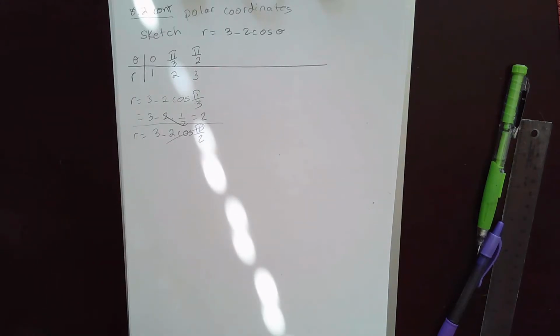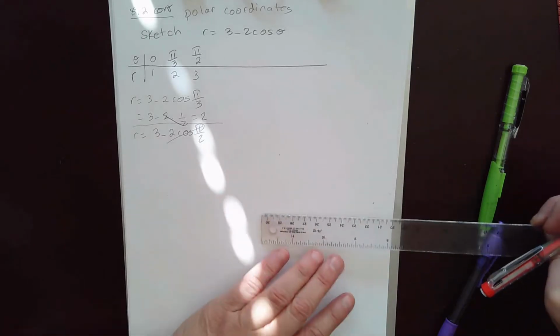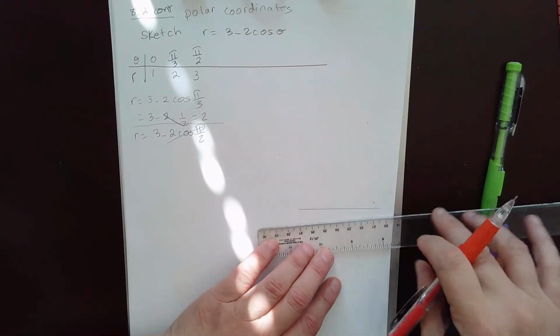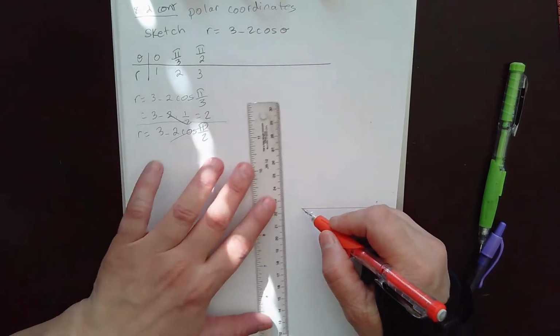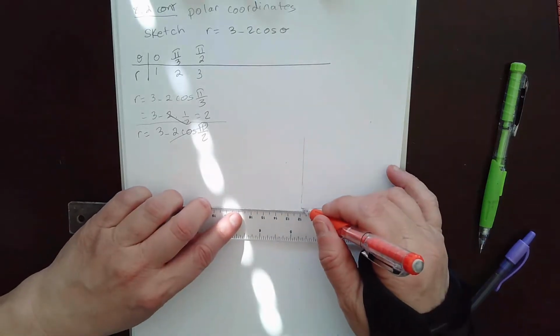Okay, so let's go ahead and select 2 pi over 3. So take a look at what I'm choosing here. Here's our pole right here. This is 0. This is pi over 2. This is pi.